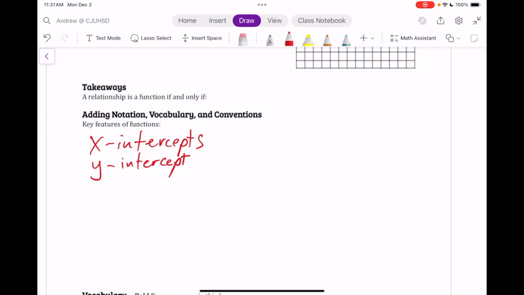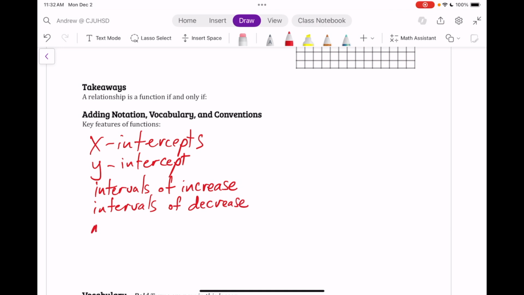Functions have increasing areas or intervals of increase. They also have intervals of decrease. And let's see what else.